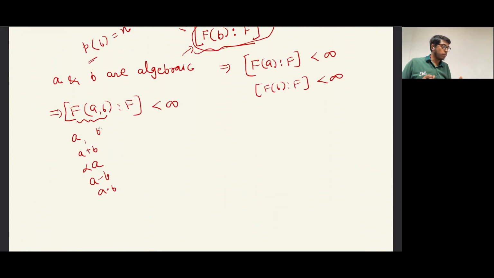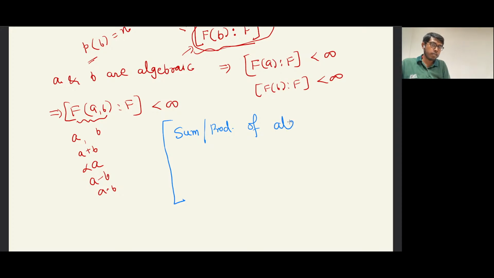And this proves that the sum of two algebraic numbers is algebraic. So this is an important result, that the sum and product of algebraic numbers is algebraic.